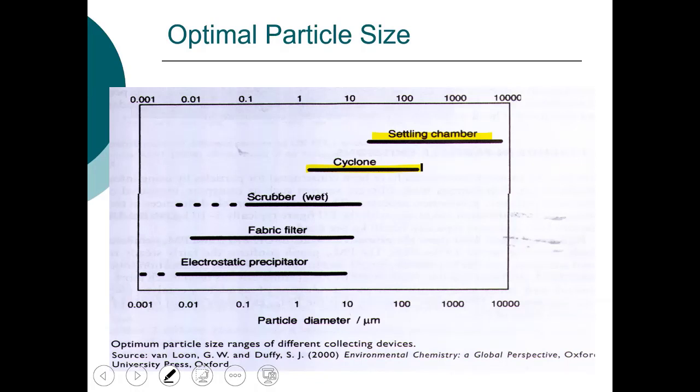We'll talk about scrubbers and fabric filters later. But if we're looking at electrostatic precipitators, we're down in the submicron size range. So you can see much greater removal of these smaller particles. You're not going to use a drop box to remove a micron size or submicron size particle.